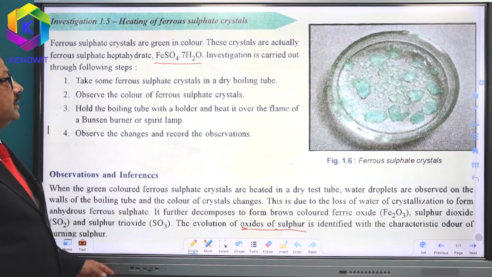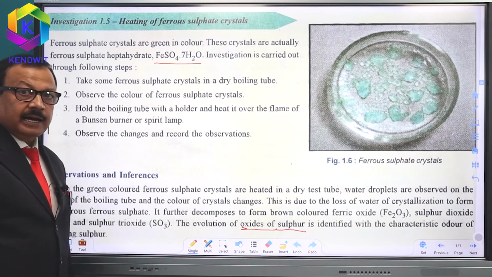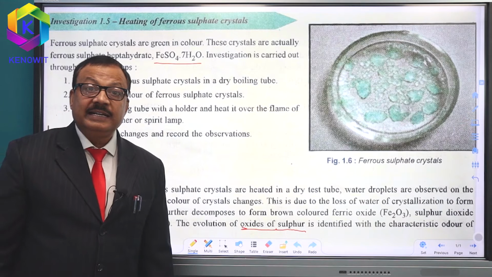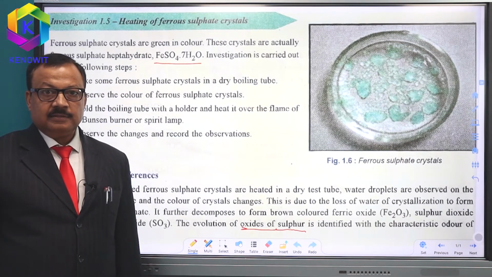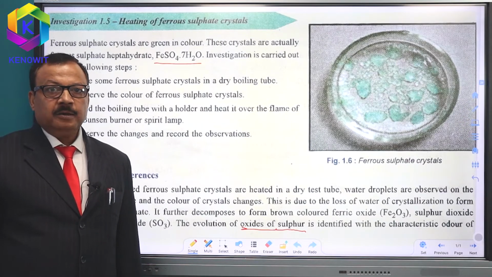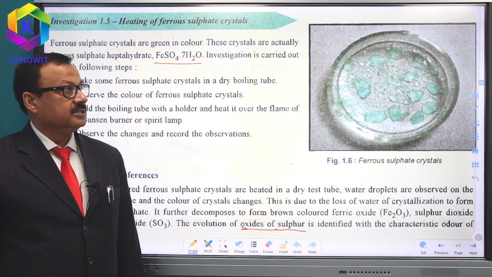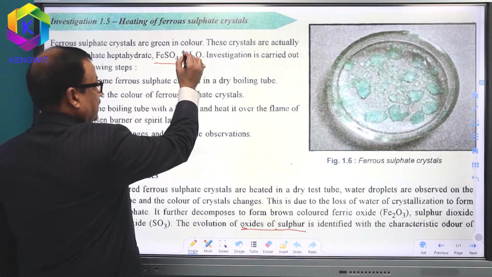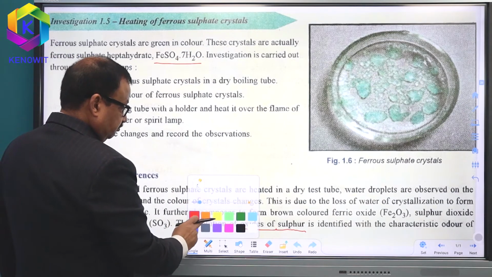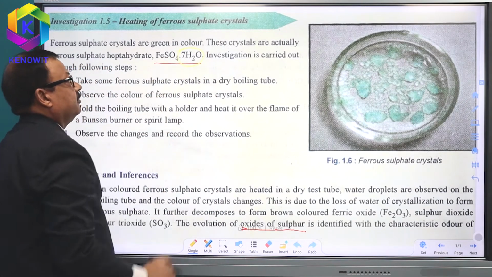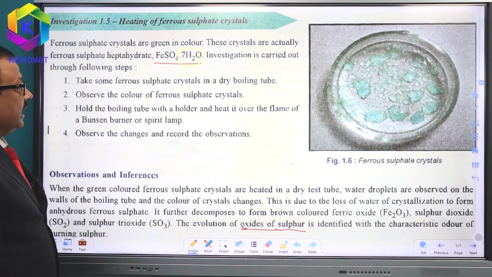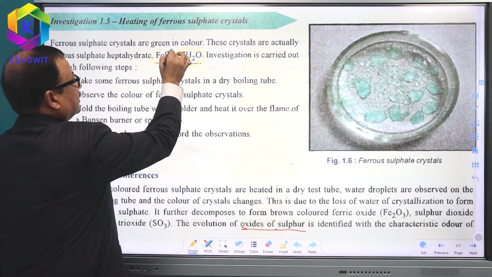So again I am going to explain. Hydrated ferrous sulfate crystal is a green crystal. When ferrous sulfate crystal is heated in a boiling tube, first of all, it loses 7 molecules of water of crystallization, and ferrous sulfate is left.